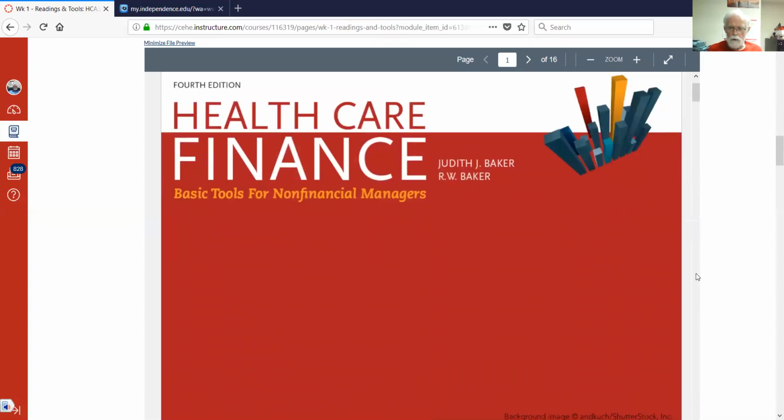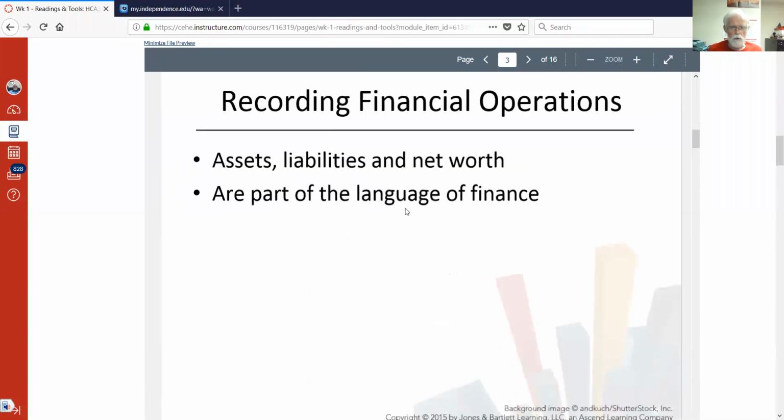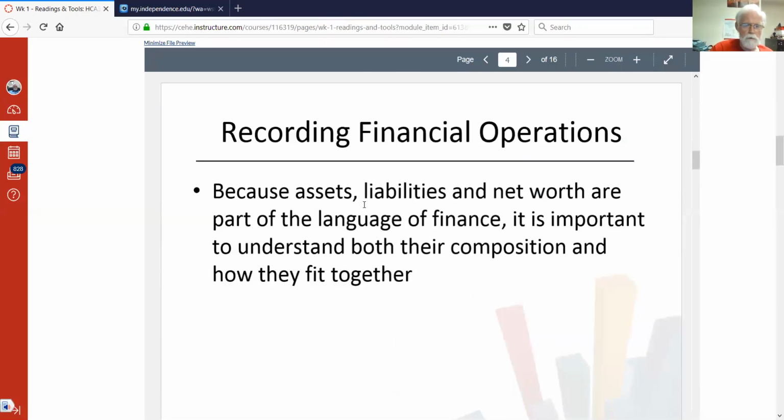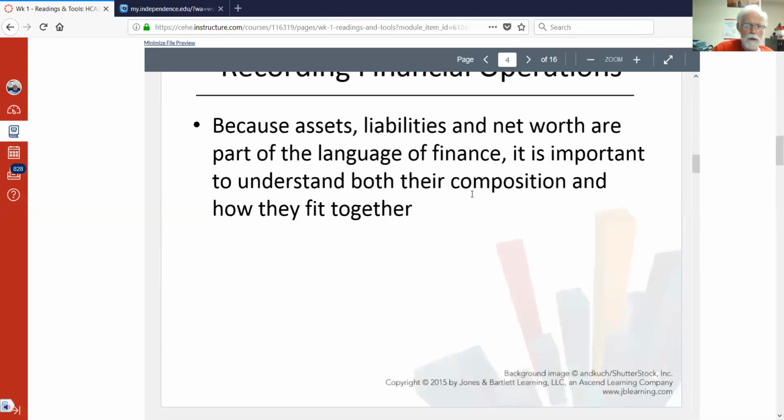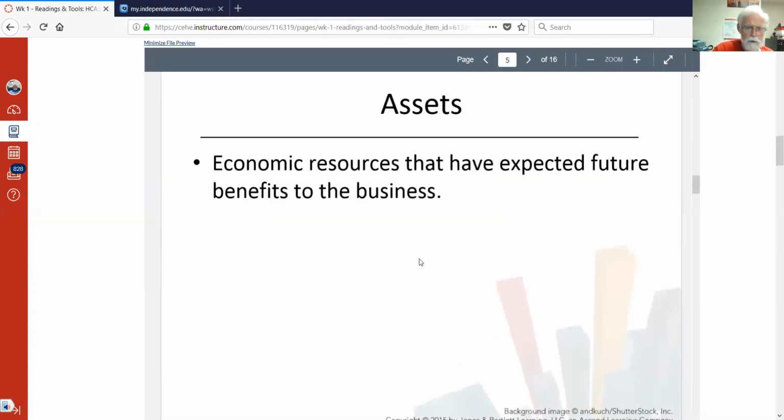Okay, let's take a look at chapter 3. Assets, liabilities, and net worth. Okay, you've seen this in your accounting classes. Assets and liabilities. Assets are the resources that have expected benefits to the business, meaning cash on hand, meaning equipment, meaning property.